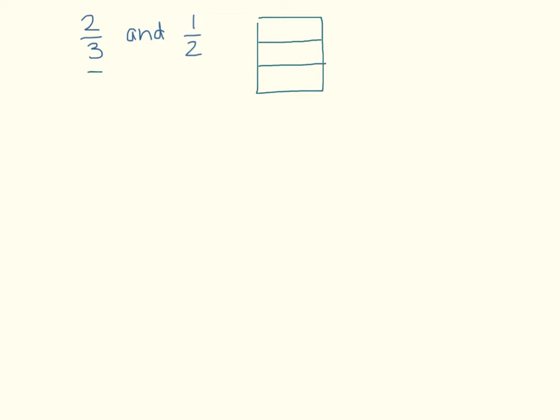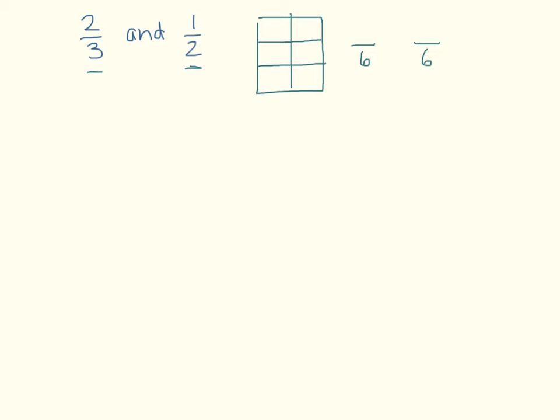For 1/2, going the other way, we want to divide it into 2 equal parts. So we can see that a common denominator for the denominators 3 and 2, a common multiple of 3 and 2, is 6. So we want now to turn both of these fractions into fractions over 6.